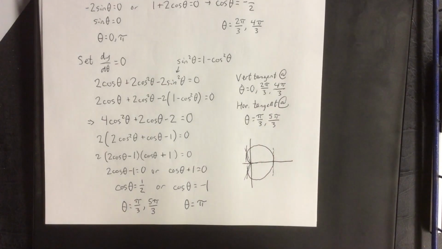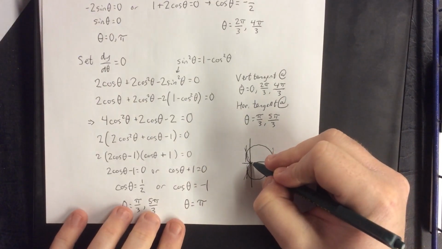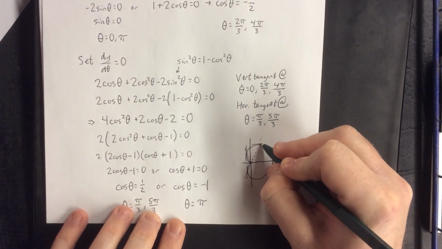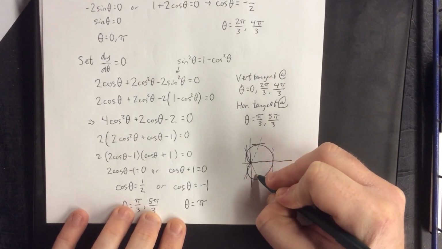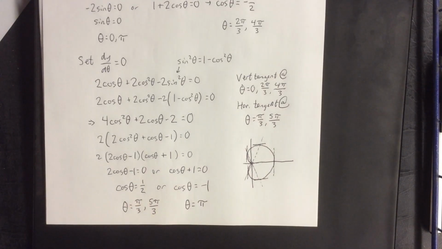So indeed, vertical tangents at 3 different values. Horizontal tangent is supposed to occur at pi over 3, which would be in this general direction. And yes, indeed, we see that there is a horizontal tangent line right here. And then on the other side of the x-axis at the same angle. So that's how we are able to determine all of our horizontal and vertical tangent lines for this cardioid.